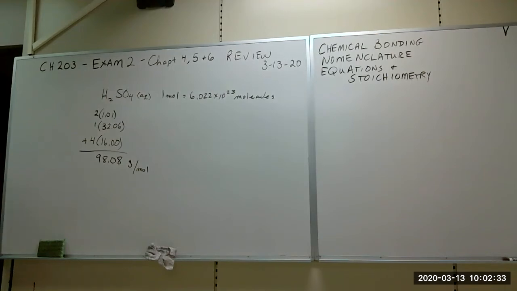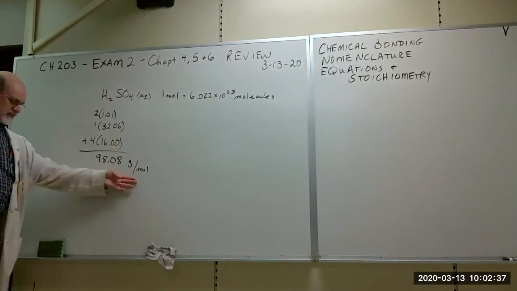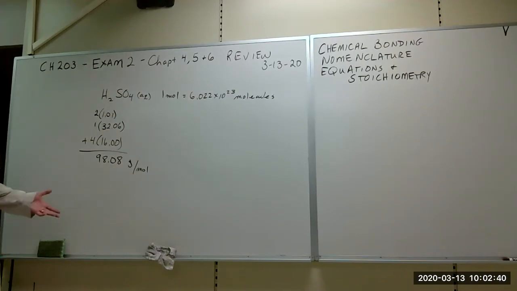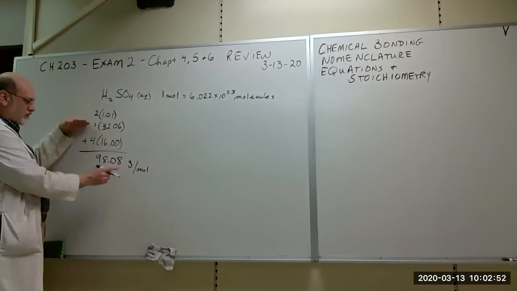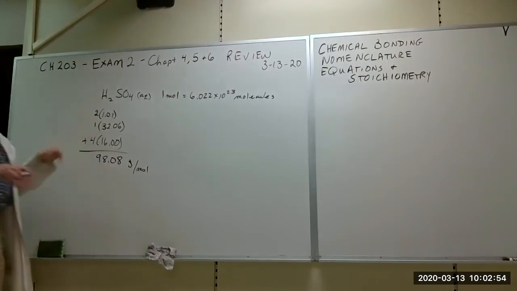Now, since we're talking about concentration units here, or intensity factors, while we're here, what's the percentage by mass of each one of these in that molecule? Percentage by mass is just the ratio of this one to the whole, that one to the whole, that one to the whole, times 100. That's your percent.